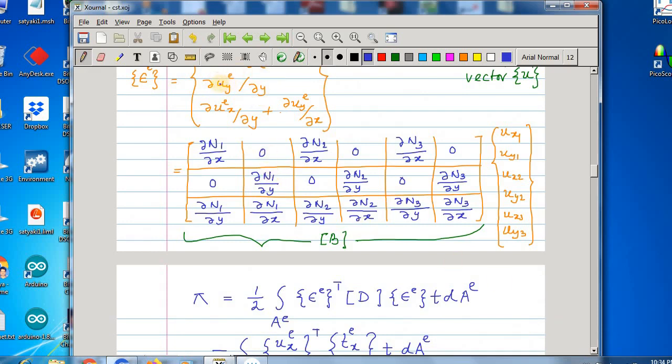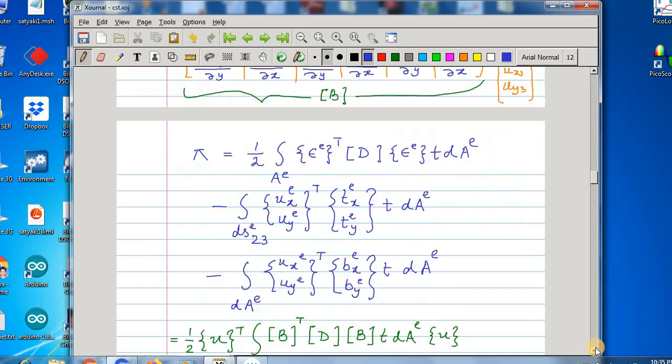Similarly, del uy del y is dN1/dy uy1, dN2/dy uy2, and dN3/dy uy3. And for the shear strain, it is del ux del y into ux1, plus del uy del x, so this into this. So this is the strain displacement matrix, or simply the B matrix.